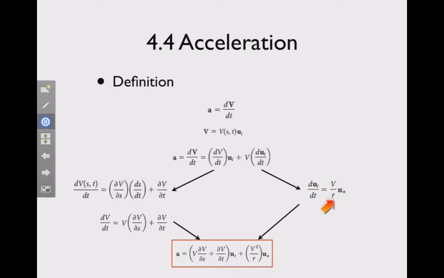If we multiply v times v over r, we get the centripetal acceleration that we probably have seen in physics. So this term right here is basically a centripetal acceleration, and it gives us a term v squared over r times the normal vector.